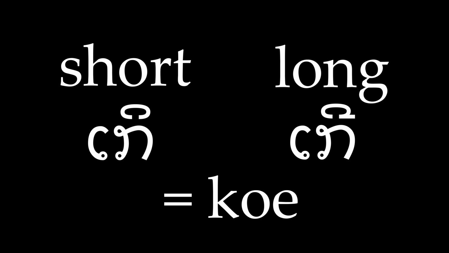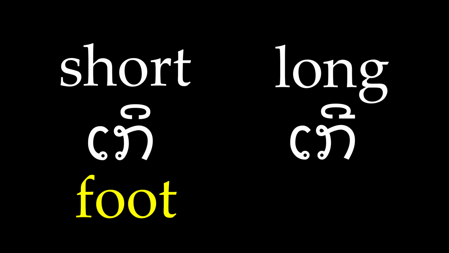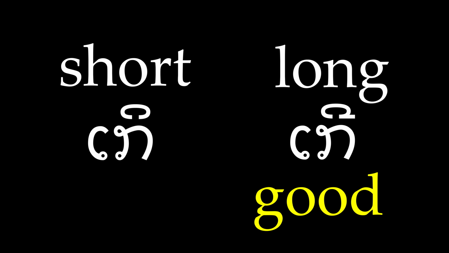The next pair are usually represented with an OE when transcribed. The short one sounds similar to the OO in foot. The long one sounds similar to the OO in good.